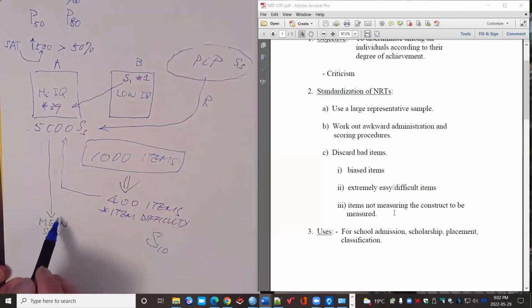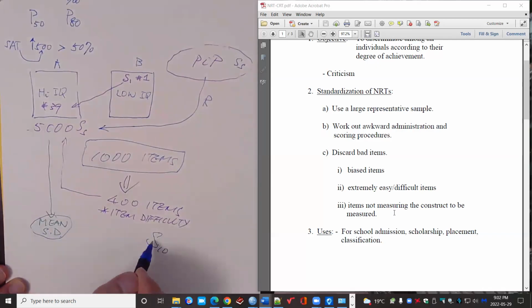Using the norm group, we could tell how this subject performs in relation to the norm group, and we could calculate the percentile rank for this subject.